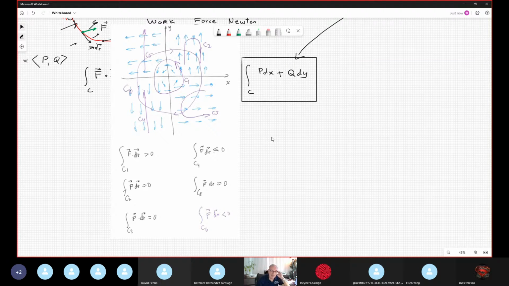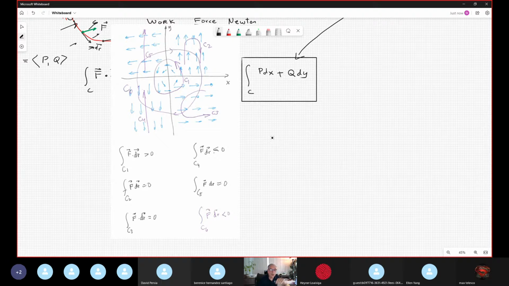Okay. In blue color, we have the vector field. In red color, I guess, we have different curves. I want to analyze the qualitative value, not the exact value, of the line integral on this triangle.